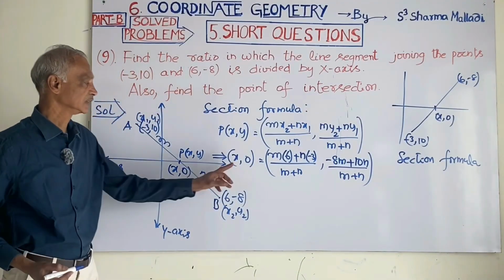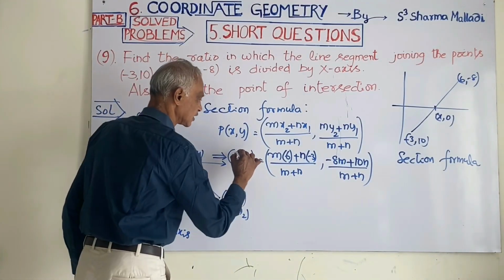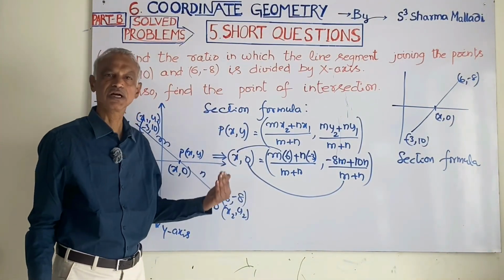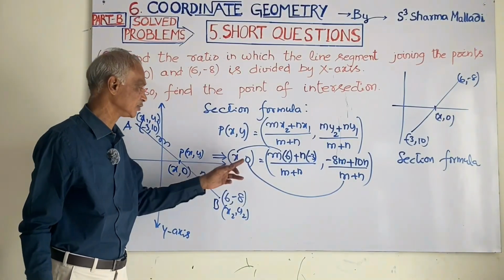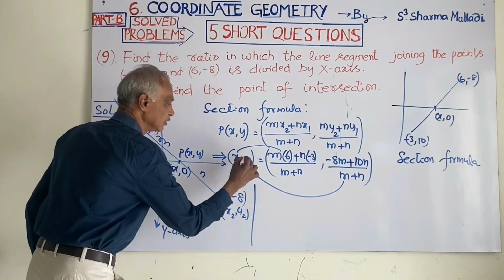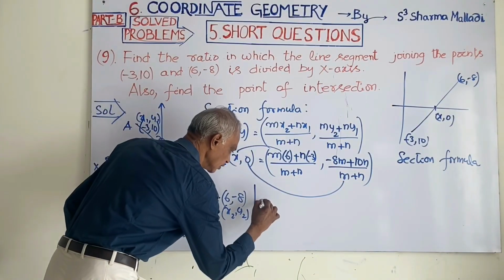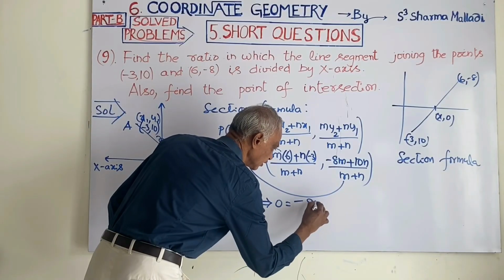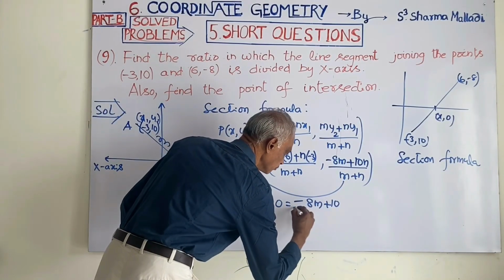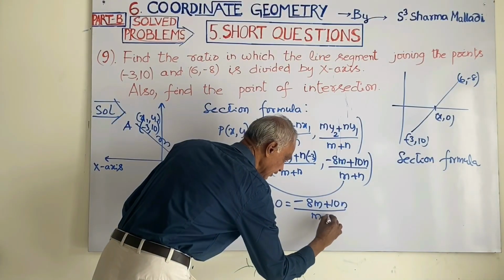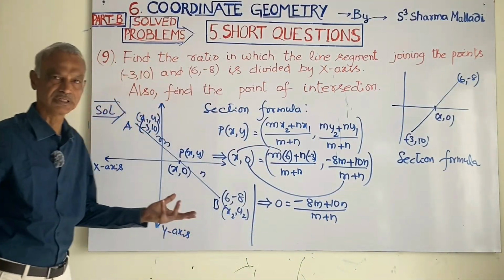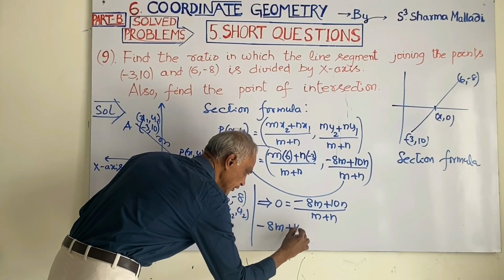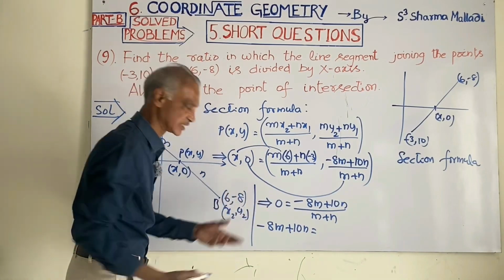Now you see, this is the x coordinate and this is the y coordinate. If you take the x coordinate, you cannot find the m is to n ratio. You have to take the y coordinate because you have a value, that is 0. Implies 0 is equal to (-8m + 10n)/(m + n). (m + n) into 0 is 0. You will get -8m + 10n is equal to (m + n) into 0, which is 0.